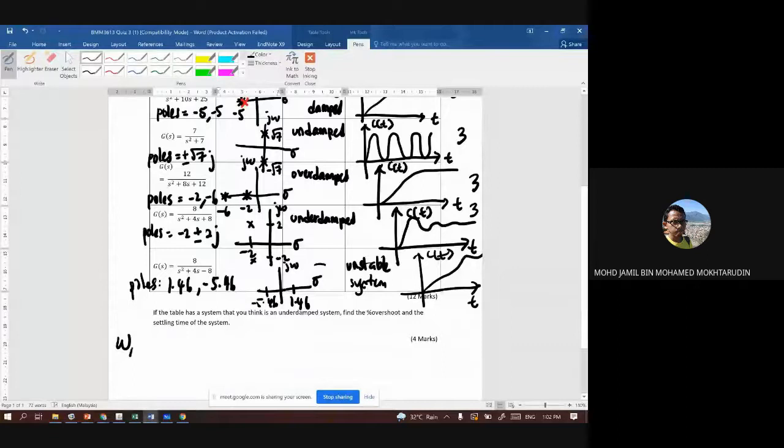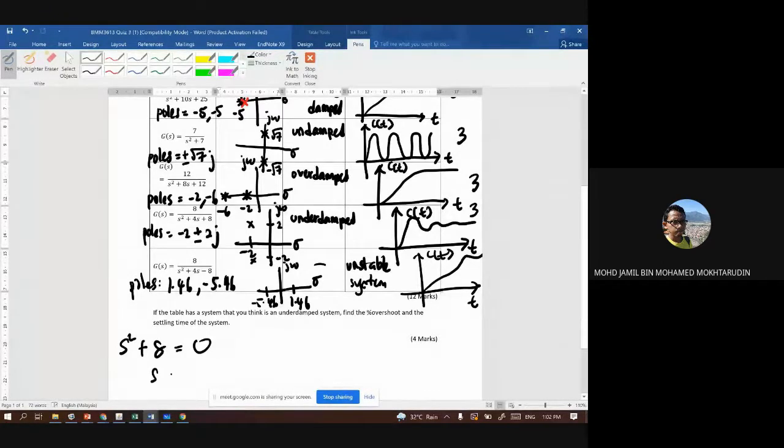So let's find the natural frequency. Natural frequency is found when the middle part of the denominator becomes 0. So you get s squared plus 8 equals 0.